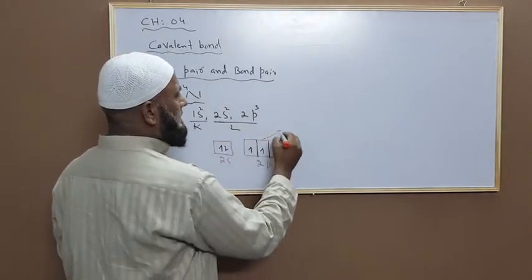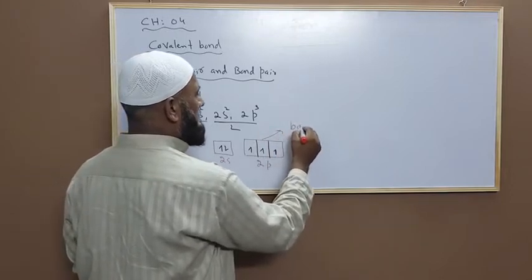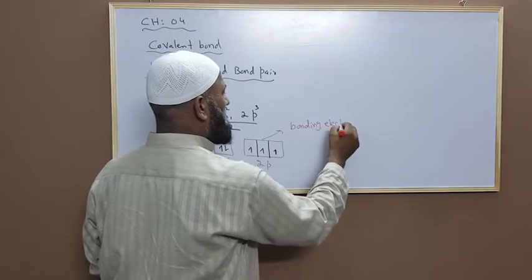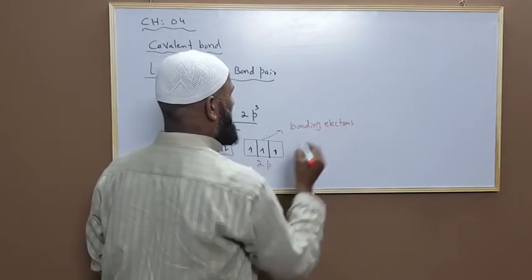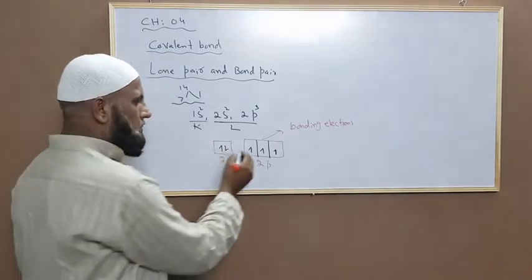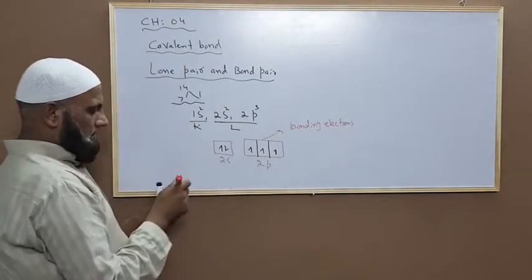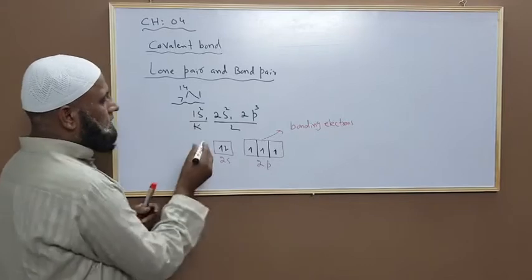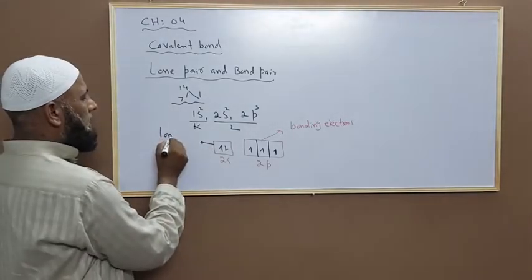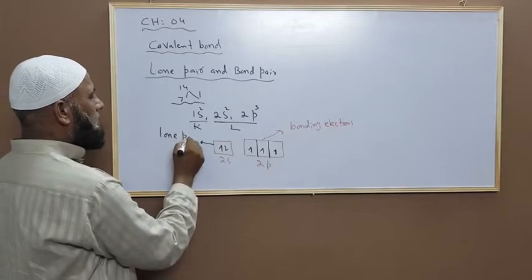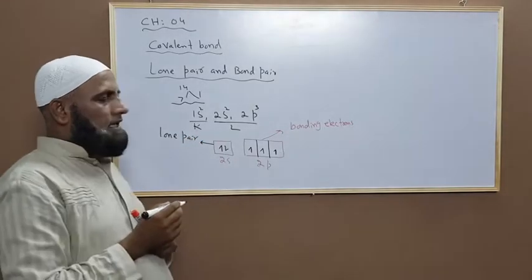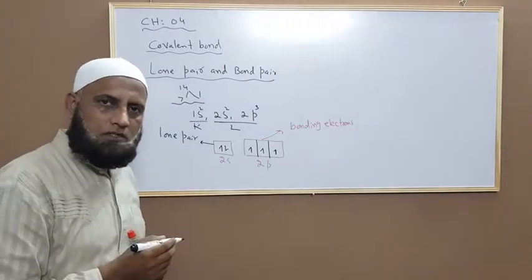These single electrons are known as bonding electrons. So in nitrogen, how many bonding electrons are there? 3. And there is one pair of electrons that is known as a lone pair. So in nitrogen, there is one lone pair and there are 3 bonding electrons.